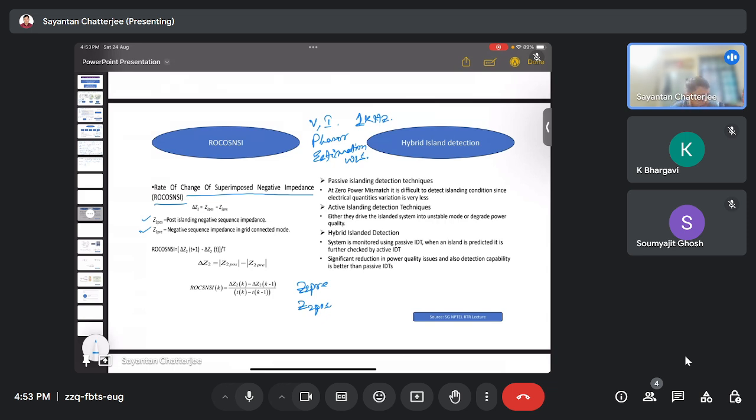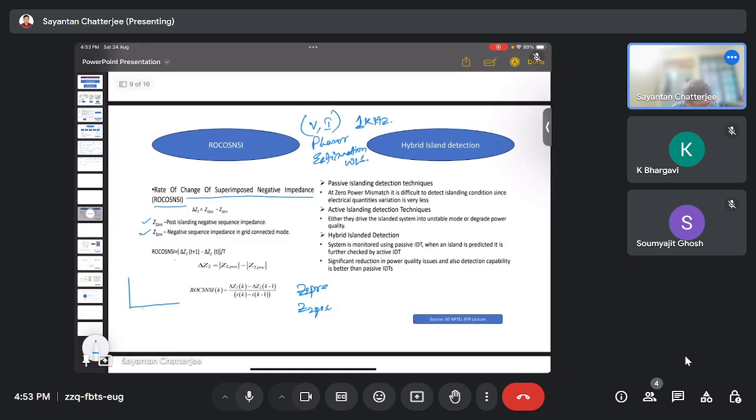Since we have the values of voltages and currents, we can find the impedances, and using the values of impedances at the t-th instant and the t plus 1 instant, this change we have to detect, the difference between t plus 1 and t.